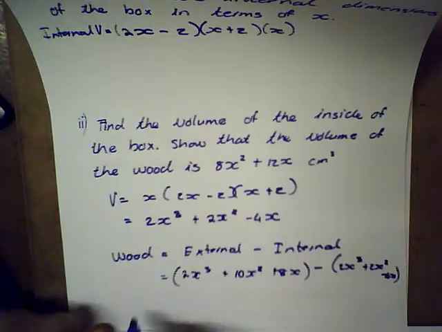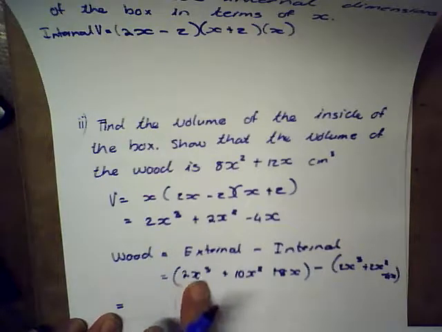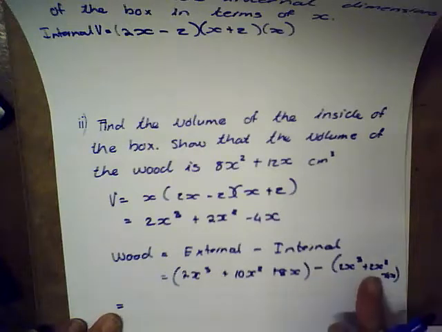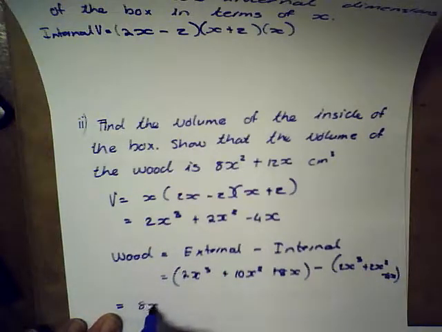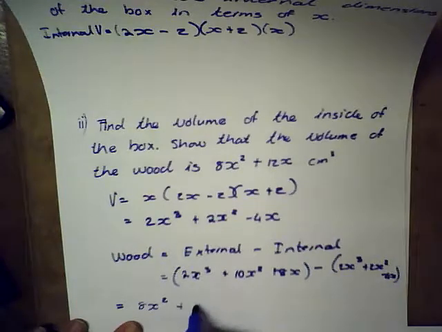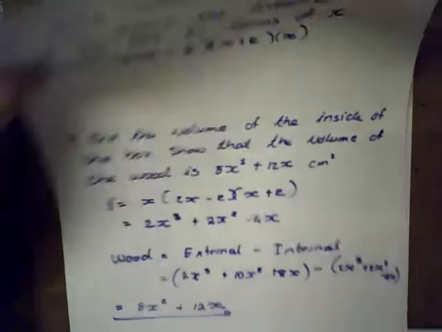Okay, let's simplify this expression. So 2x cubed minus 2x cubed will cancel one another. 10x squared minus 2x squared would give me 8x squared. 8x plus 4x would give me 12x. So the volume of the wood would be 8x squared plus 12x.